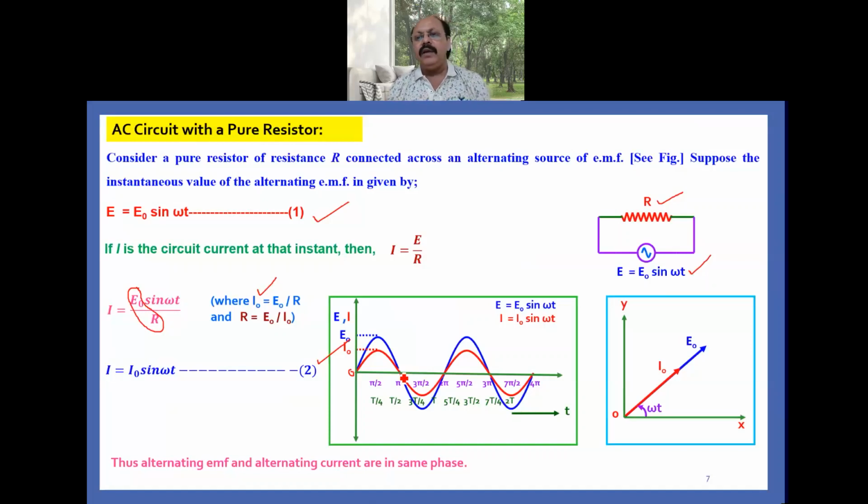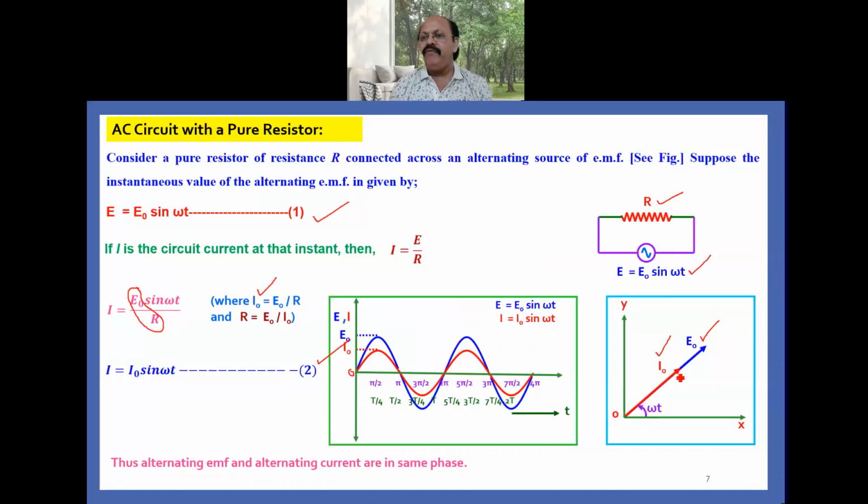Now here we have to represent alternating EMF and alternating current in a phasor diagram. These arrows are the phasors. Since both are in the same phase, the arrows are along the same line. This blue arrow is the phasor for alternating EMF, the red one is for alternating current, and omega t is the phase.